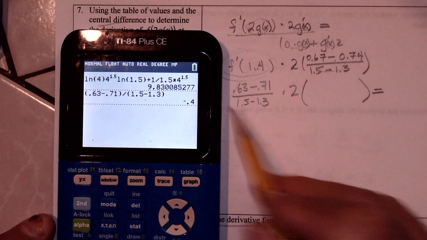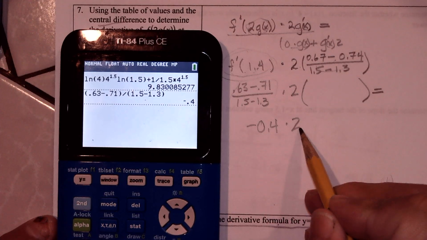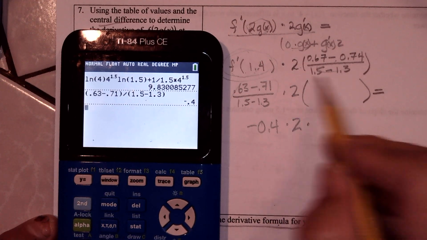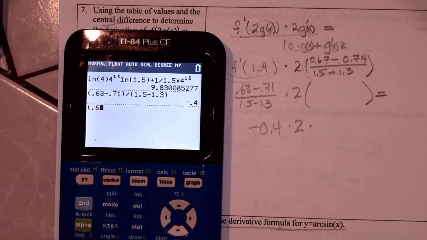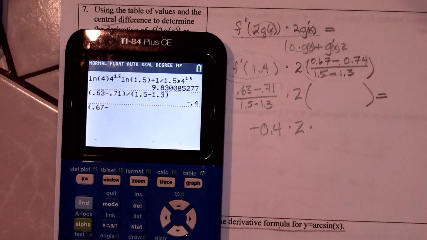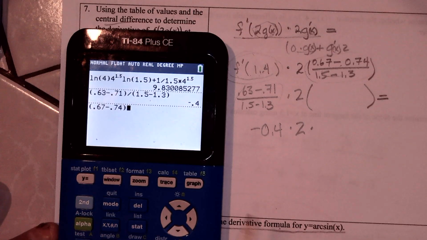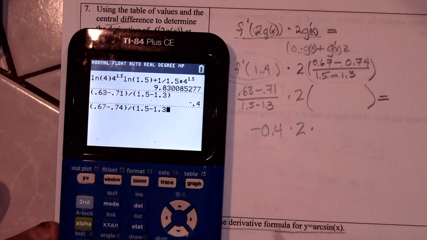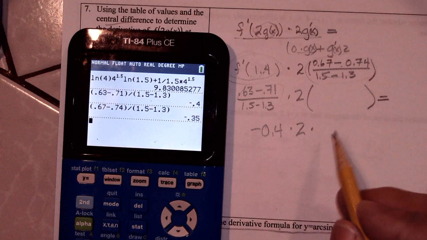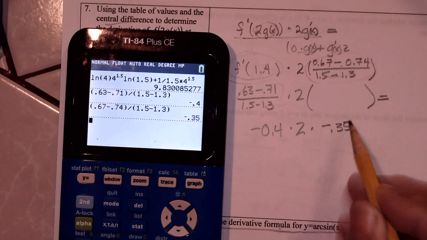This number is negative 0.4 times 2 times, now what's this number? Parentheses, 0.67 minus 0.74, divided by parentheses, 1.5 minus 1.3, close parentheses. This number is negative 0.35.